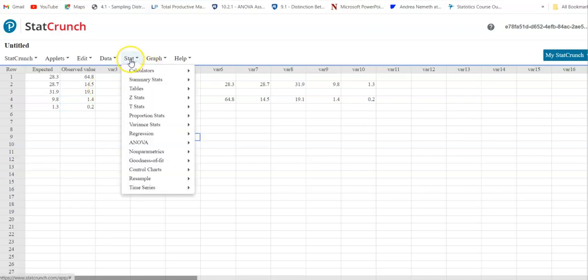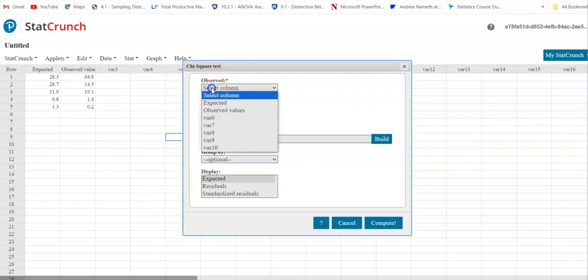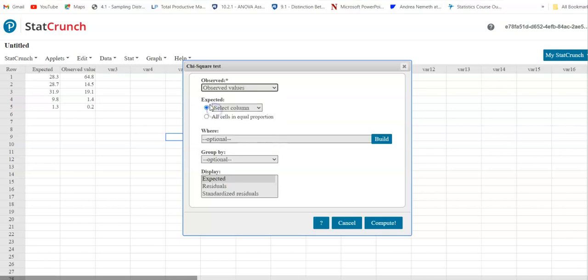Okay, now we go to Stat, Goodness of Fit, Chi-Square Test, and we click observed values. The name of the column that includes observed values is observed. You should enter the expected count, so here it is under expected.